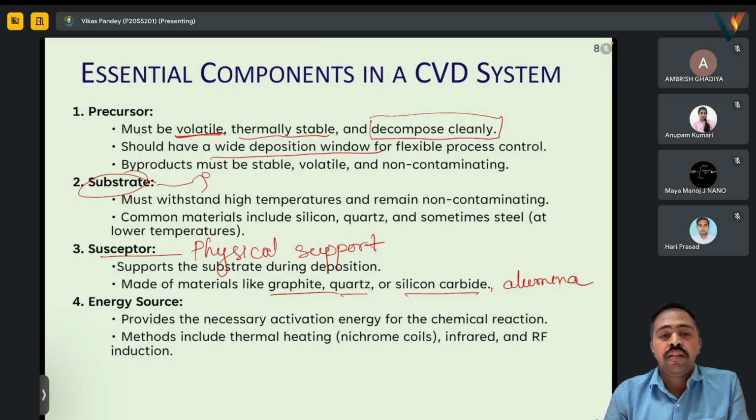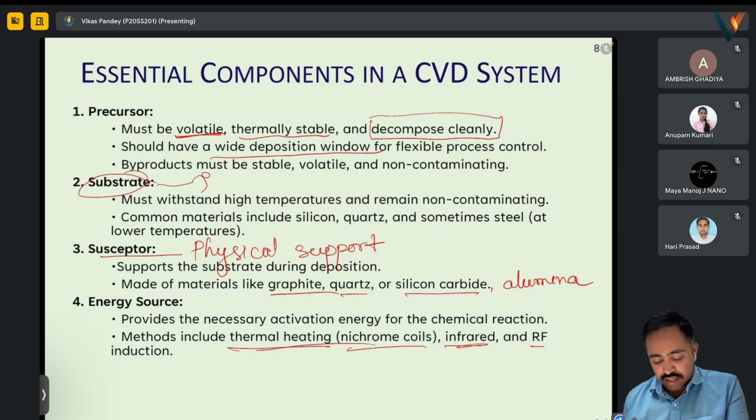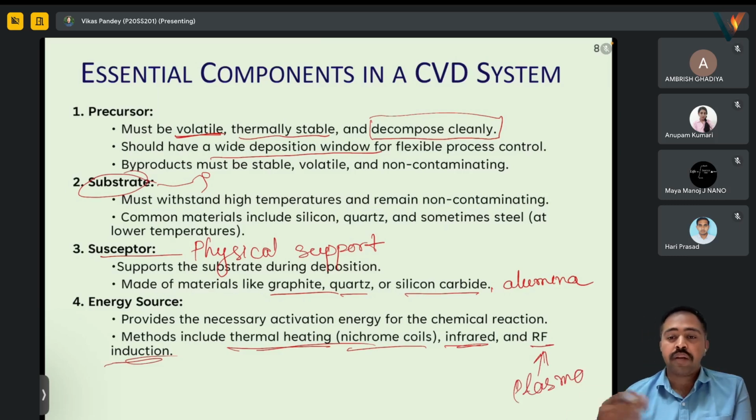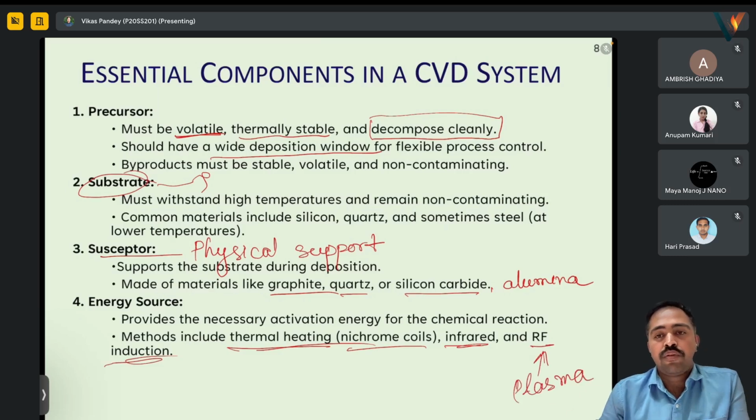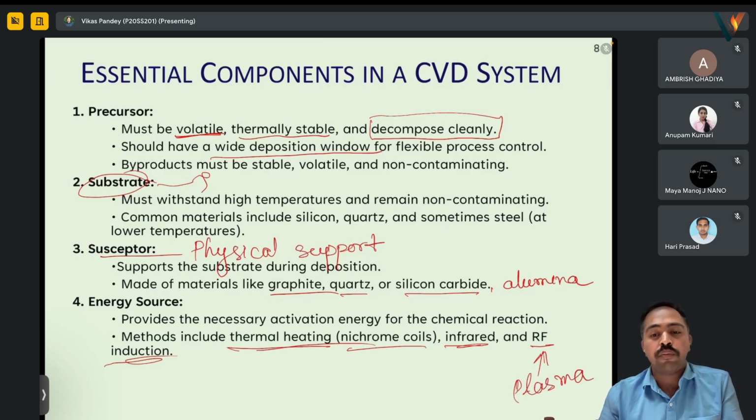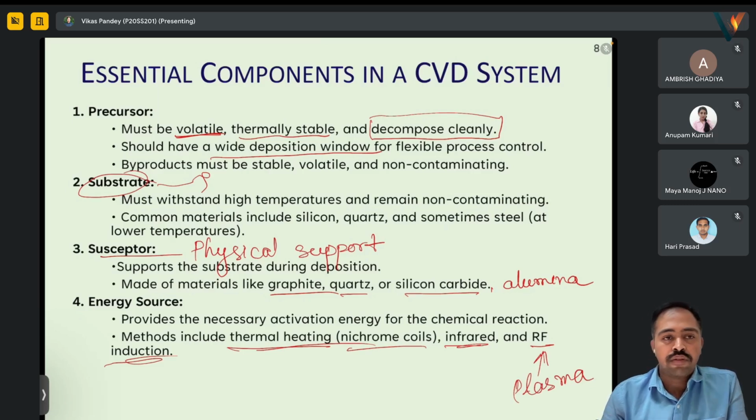That energy can be through thermal heating like nichrome coils, even IR, or RF induction. In case of RF induction, we are talking about plasma, where we are creating plasma, and due to the ions we are giving the energy. Sometimes a combination of these is also used, like heat as well as plasma. There are different methods that can be used.